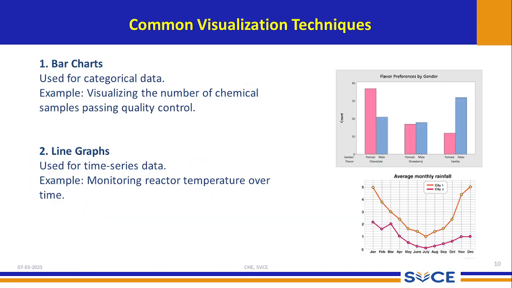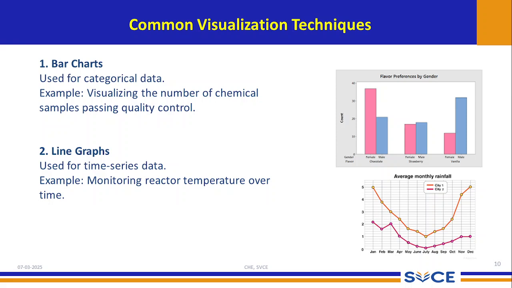And the next slide talks about the common visualization techniques. There are four types of charts available, which I am going to show now. One is the bar chart and line graph, which is visible over here. Bar chart is used for categorical data, such as the number of defective versus non-defective chemical samples.